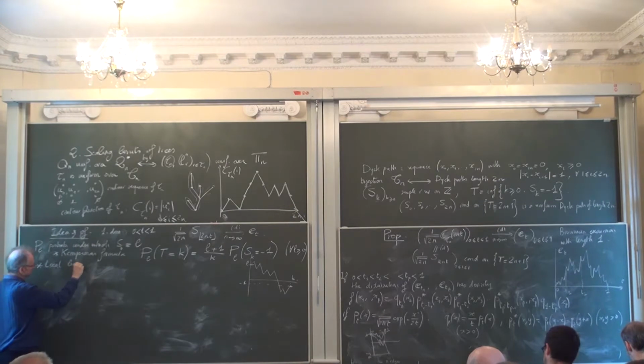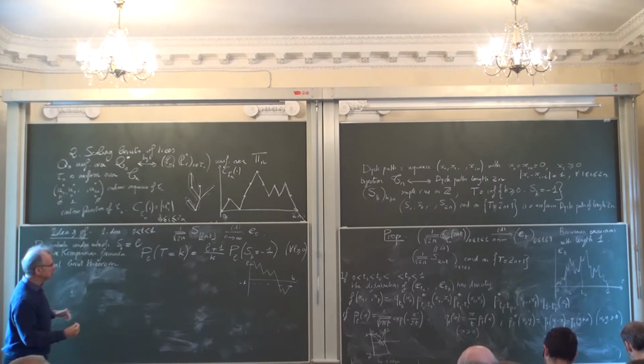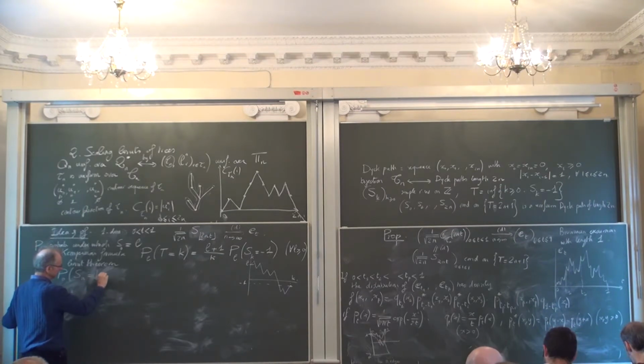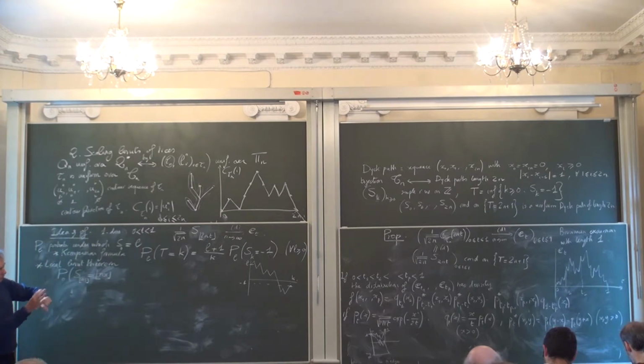And the other result one can use is the local limit theorem, which is basically telling you that, for instance, if you look at the probability, starting from 0, that your random walk, say at time ns, is equal to nx, there is an issue because of parity.